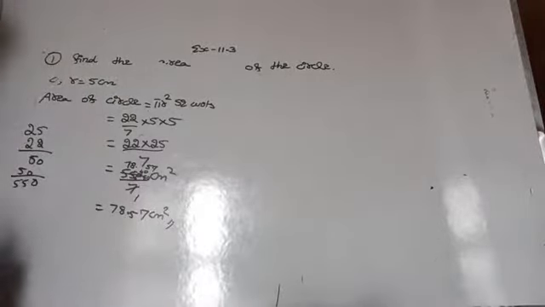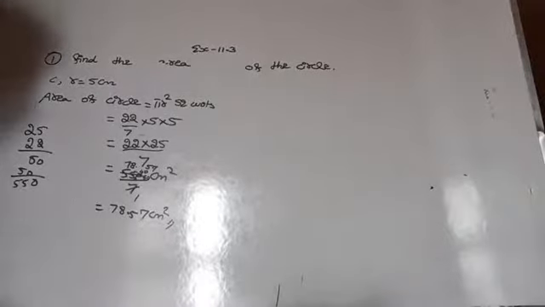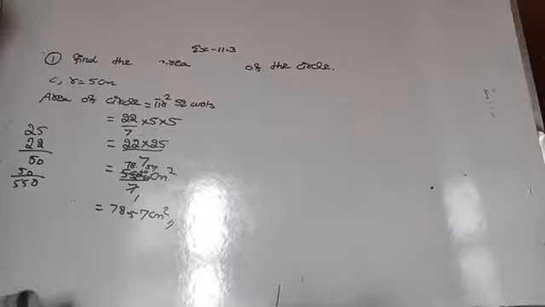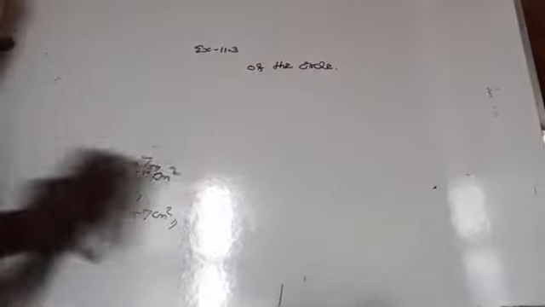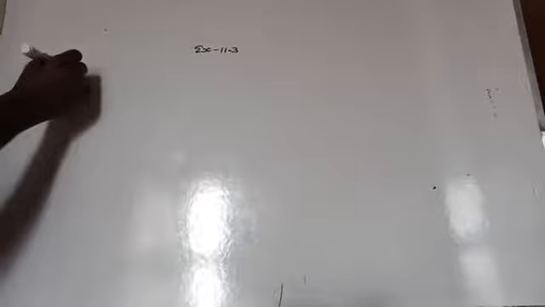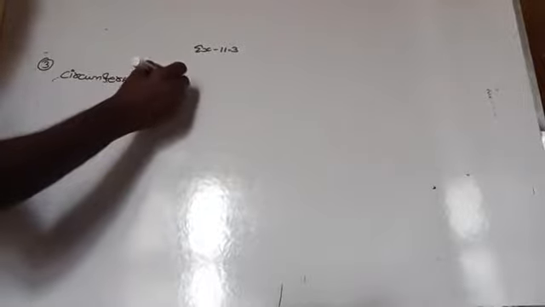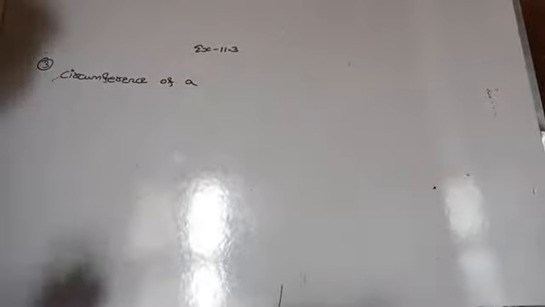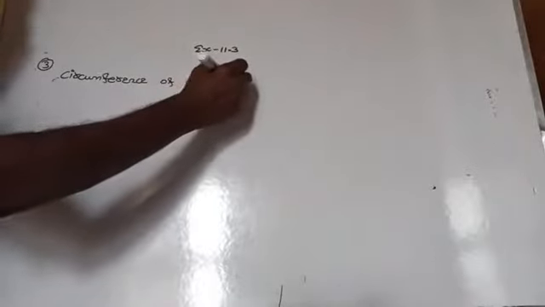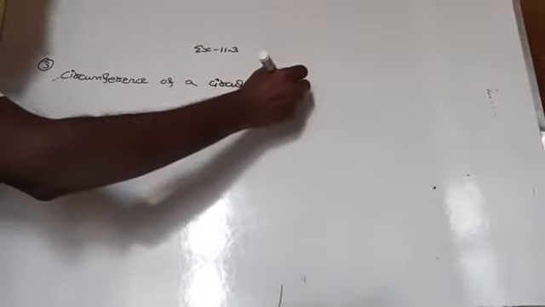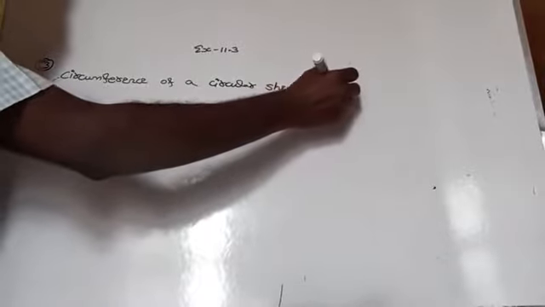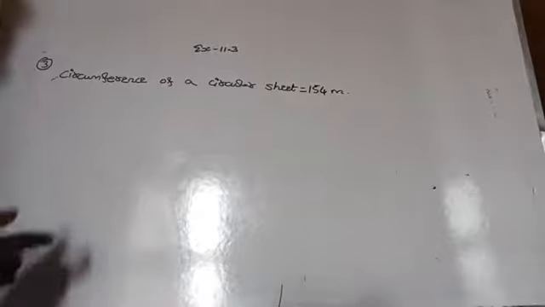Now, shall we move to the next question? Yes. What is the question for you? If the circumference of a circular sheet is 154 meter, you have to find the radius and also the area of the sheet.